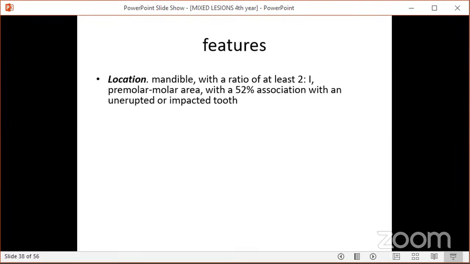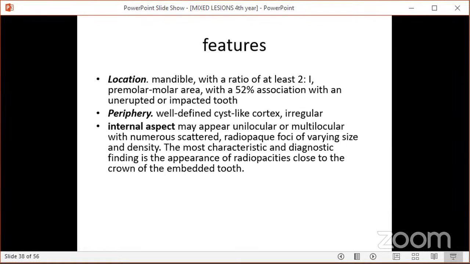And then you find it in the molar area with 52% associated with an unerupted or an impacted tooth. The periphery will be well defined and cyst-like, and then tend to be irregular. The internal aspect may appear as unilocular or multilocular with numerous scattered radiopaque foci of varying sizes and density.